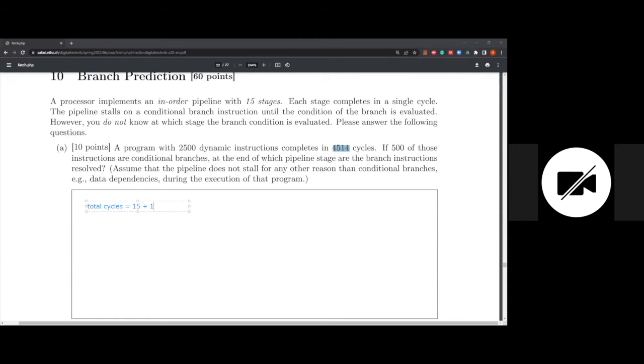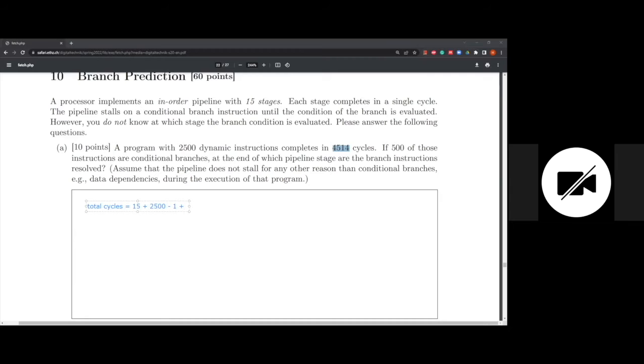We can generalize this: a program with n instructions will execute in 15 plus n minus 1 cycles. We subtract 1 because the first instruction is included in the 15 cycles, and n is the total number of instructions in the program. Here we replace n with the number of dynamic instructions given in part A, which is 2,500. This is the formula that we will use.